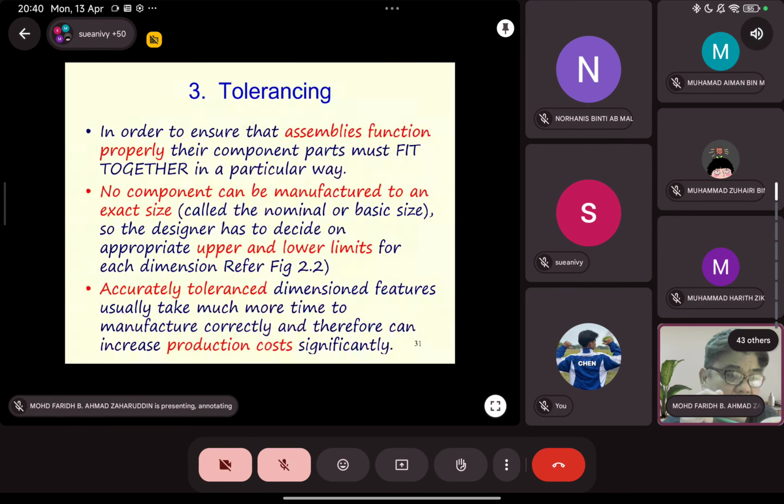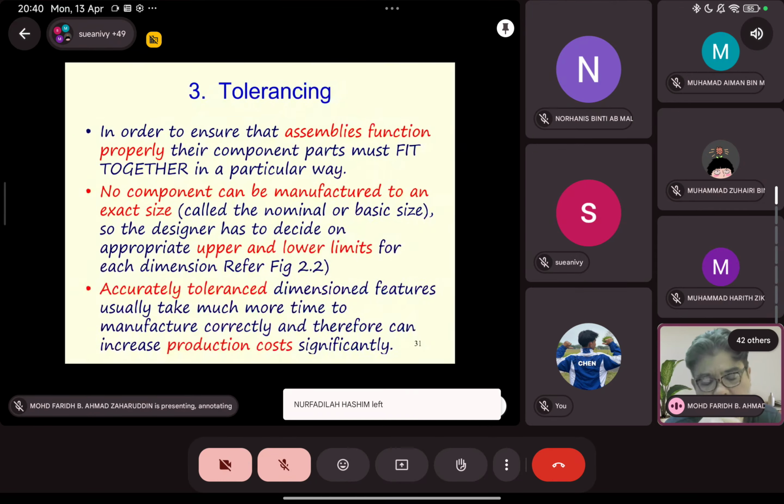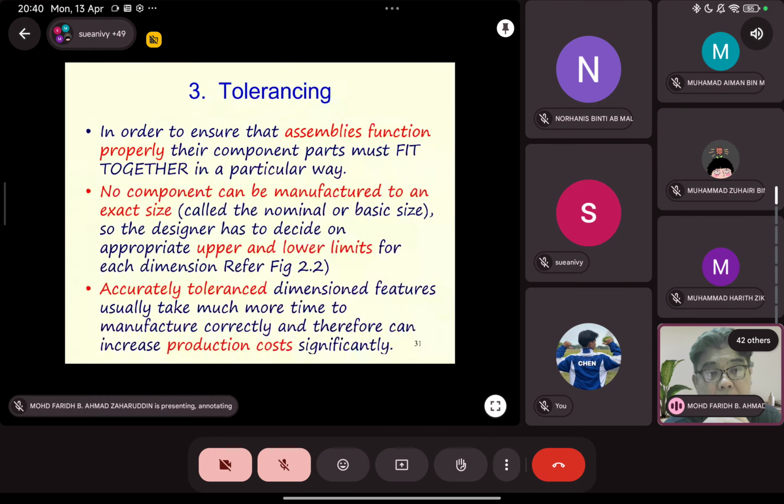All right, as we know, the designer needs to decide the upper and lower limits. Upper and lower limits in tolerance are the upper limit and lower limit. We have this basic size, the nominal size, 30.000.